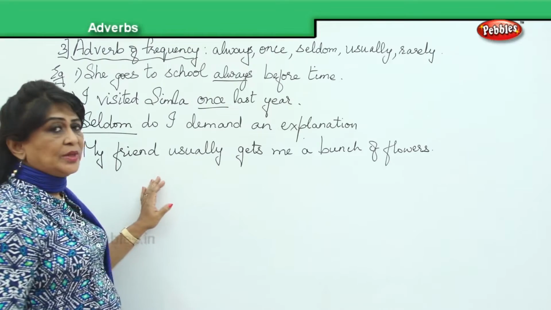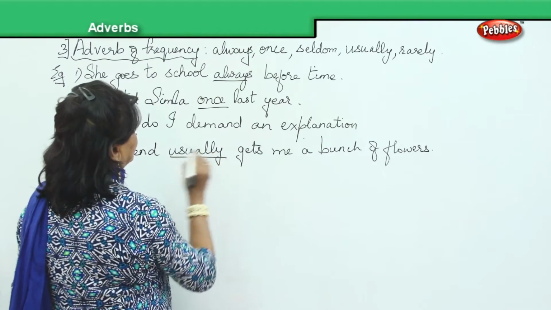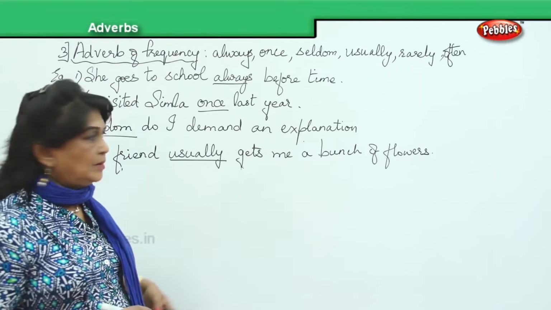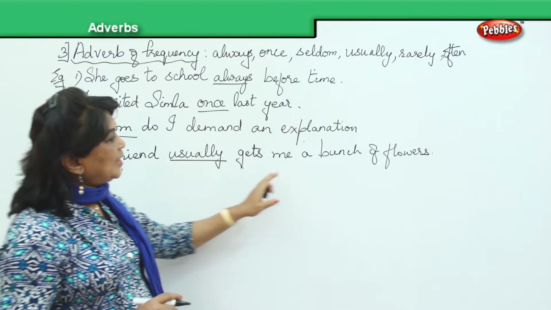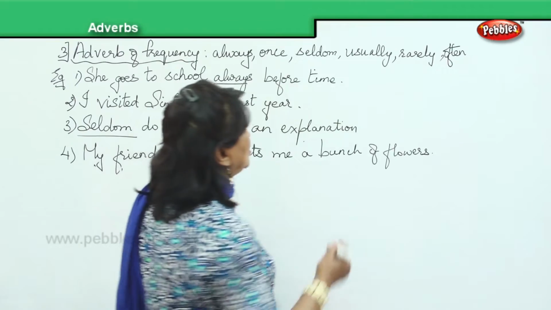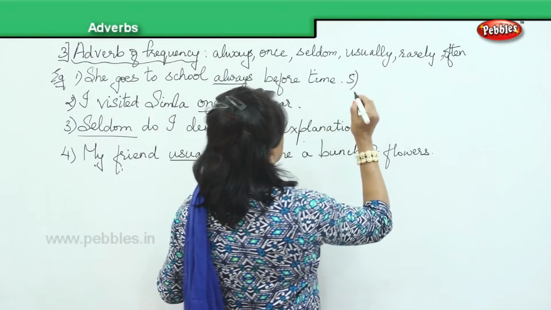How often? Usually. My friend usually gets me a bunch of flowers. So usually denotes the frequency.